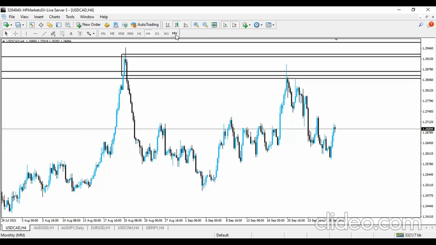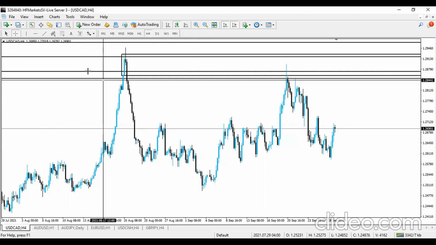We could see that the momentum was fading from the monthly, going to the upside, so all we were looking for was sales. So we went to the weekly and saw another order block inside the monthly order block. We went to the daily, and now we were in the 4-hour.